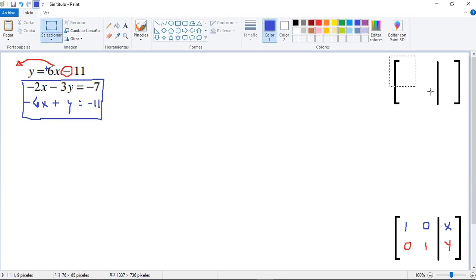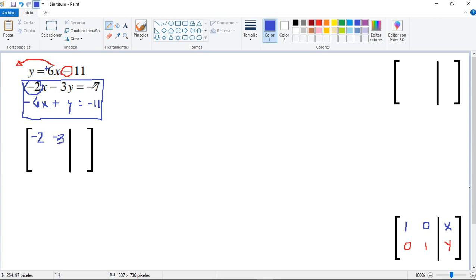So I'm going to copy this matrix over here, and this is the next step we're going to do. We are just going to copy the numbers that the equation has. So for example, number 2, which is negative, we're going to copy it right here. Now number 3, negative, we're going to copy it right here.